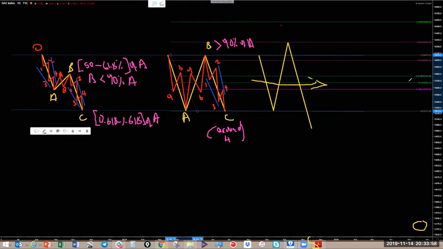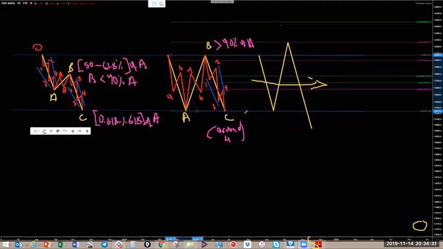Let me read the question here before I proceed. Does it qualify when it retraces 100%? Yes, if you're referring to the regular flat, it must go above 90%, and even if it touches here, or just moves slightly above here, we still accept it as a regular flat. Elliott just said B must be around the area of wave A, and C must be around the area of the end of wave A. That's all.